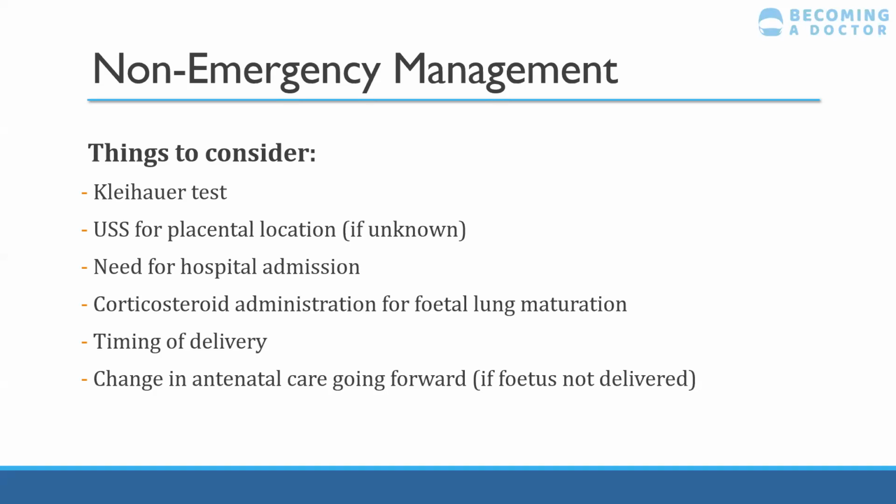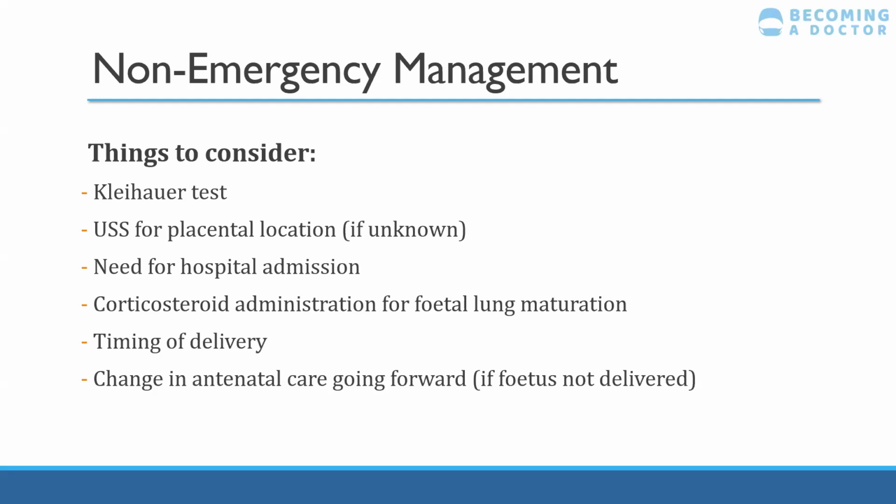And then thoughts about timing of delivery. So if there's no compromise for mum or baby, then you can actually think about when it's safest for delivery. If there's been a lot of bleeding, so a major or massive bleed, and the gestation is more than 37 weeks, then you would probably just deliver, because the risk to baby is quite small as they're at term.